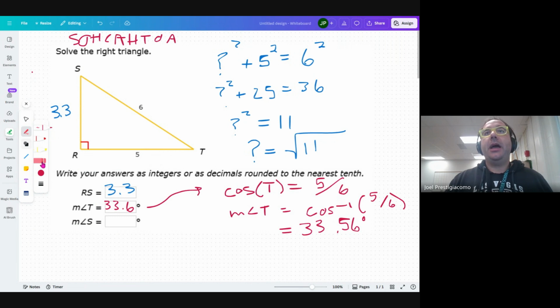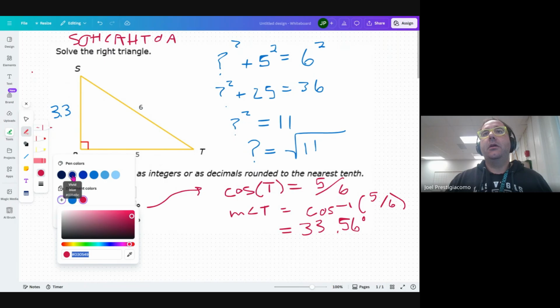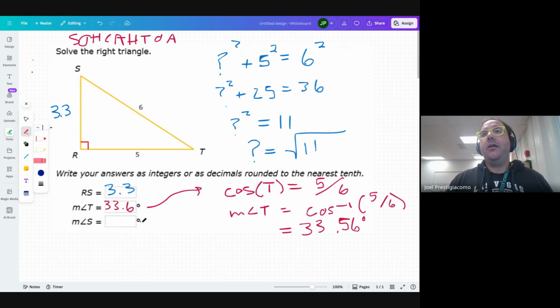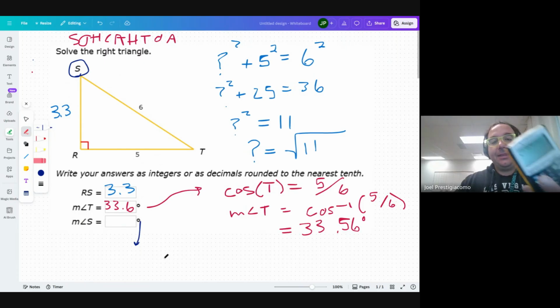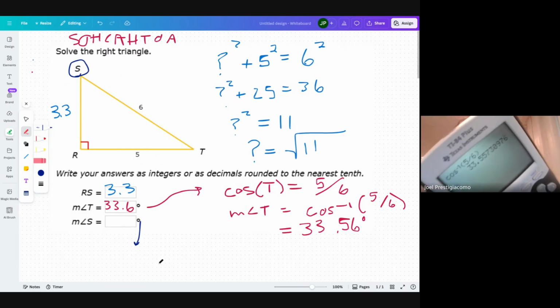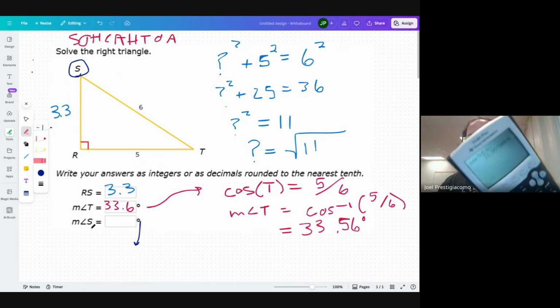And then we'll go back to here, and we'll do our very last bit, which is angle S, right? So for angle S, we could just do 90 minus that. That would totally work. We could also approach this from the sine. What I would recommend is if you've got this number in your calculator already, don't use the rounded version.